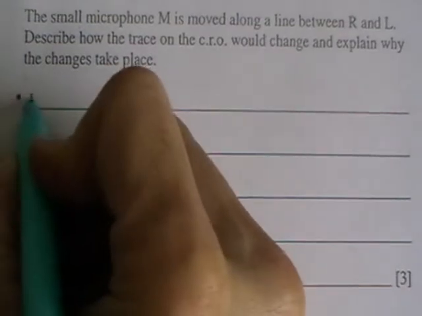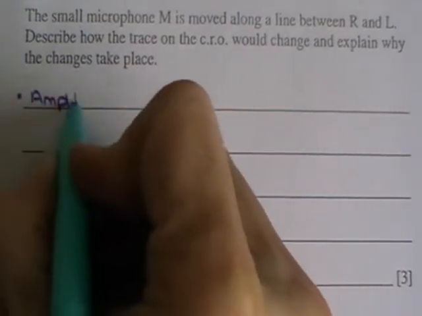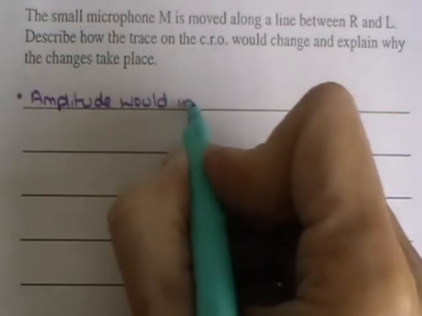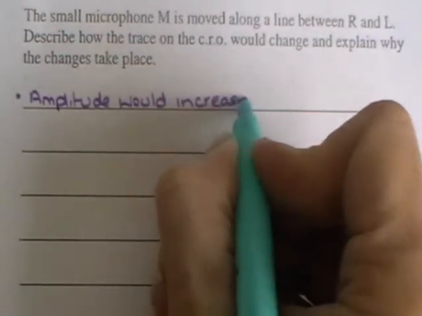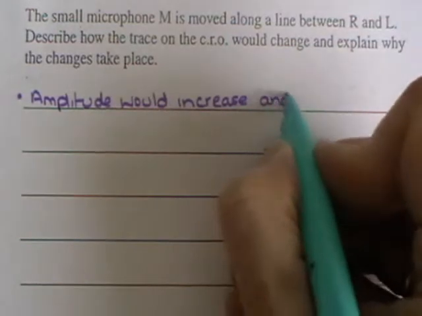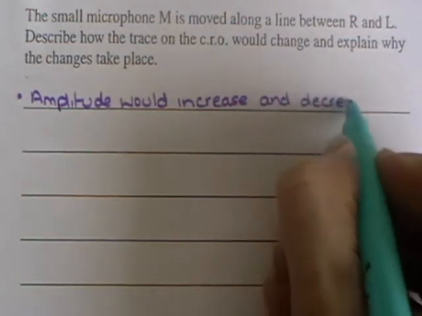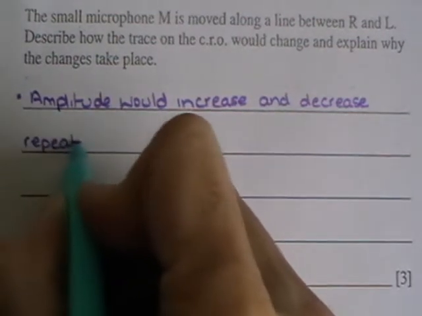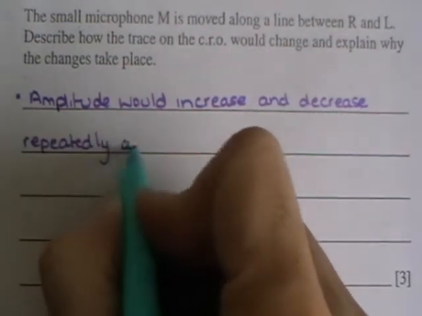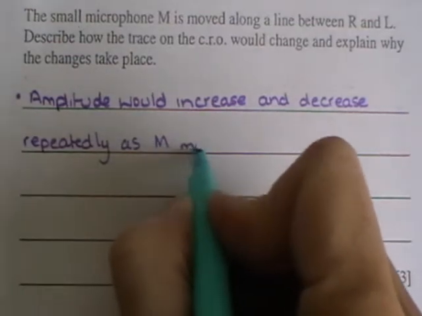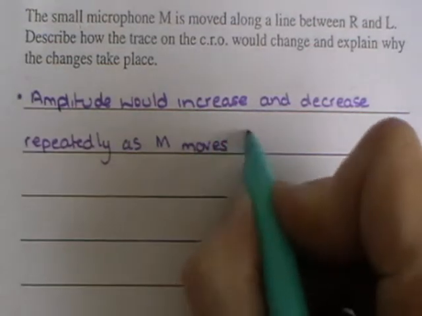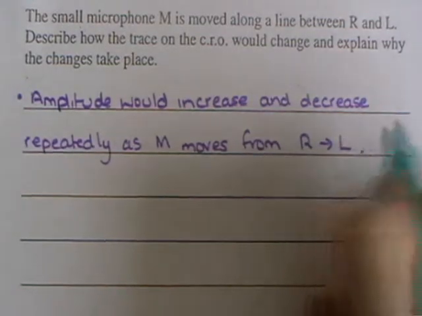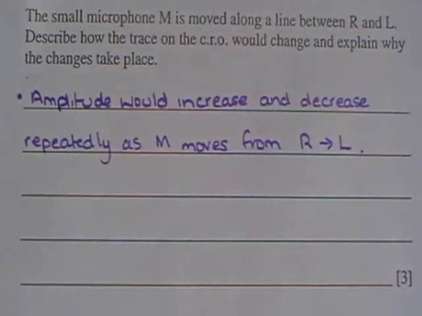So first thing we'll say is that the amplitude would increase and decrease repeatedly as M moves from R to L. So why are you getting that?